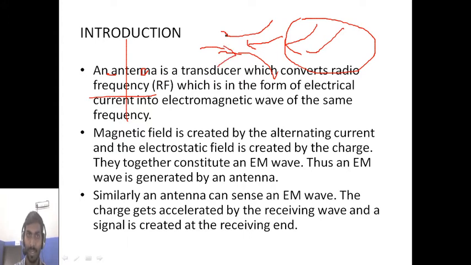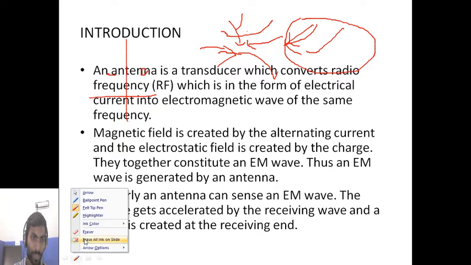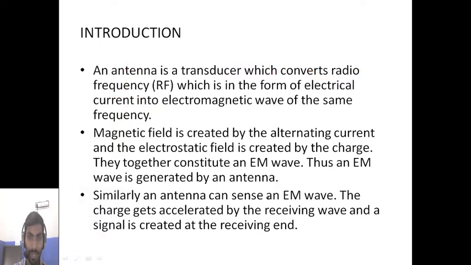If that antenna is a conductor or a wire, every conductor contains some charges. These charges will get activated or accelerated with the help of the energy that is present in the incoming wave. Okay, so at this point I am going to say that similarly an antenna can sense the EM waves. How can it sense? Charge gets accelerated by the receiving wave.